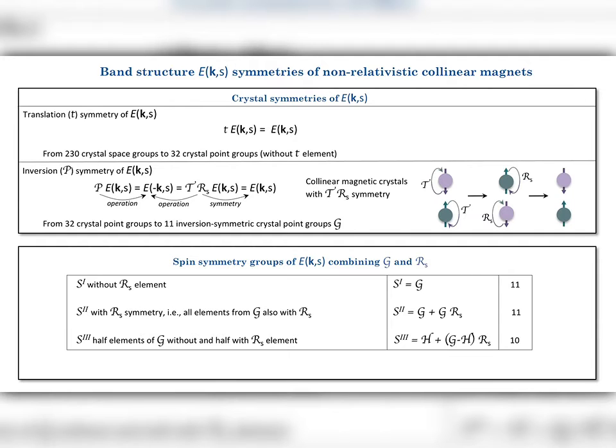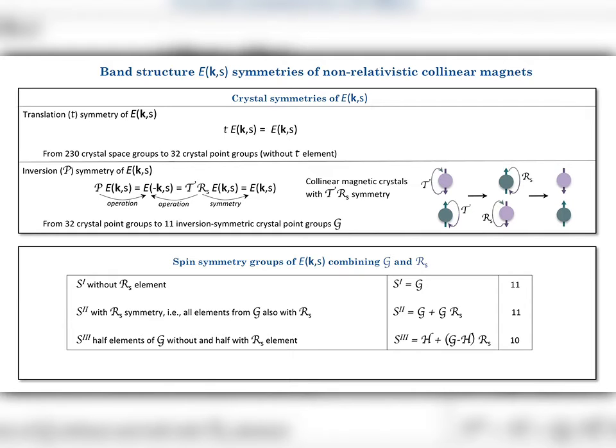Now, our bands are not only translation invariant, but they are also inversion invariant, or inversion symmetric. The reason for this is that there is an equivalent symmetry operation to inversion, which is a combination of time reversal and spin rotation. These two operations, when acting on the momentum and spin-dependent band structure, have the same result.